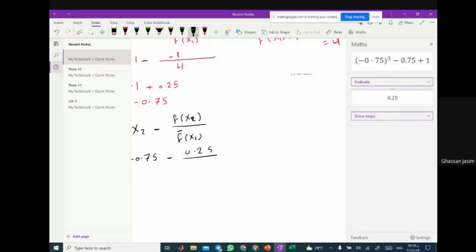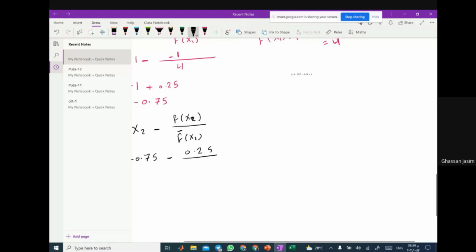0.25 over, let's calculate f dash of minus 0.75. It will be 3 times minus 0.75 squared plus 1.